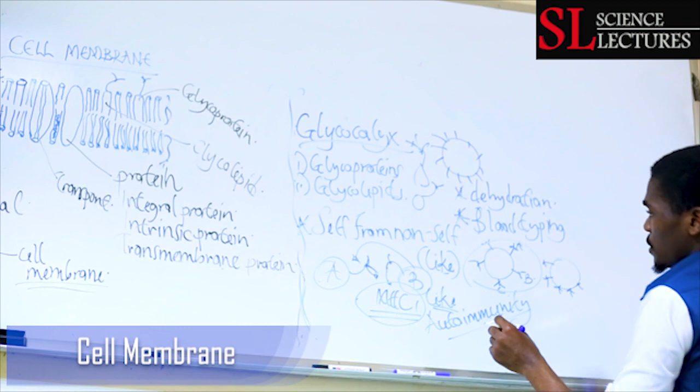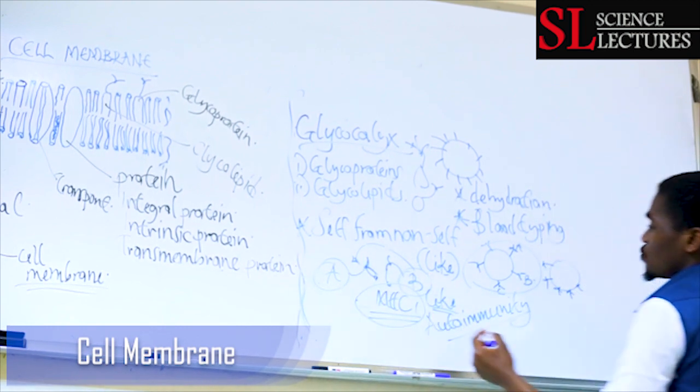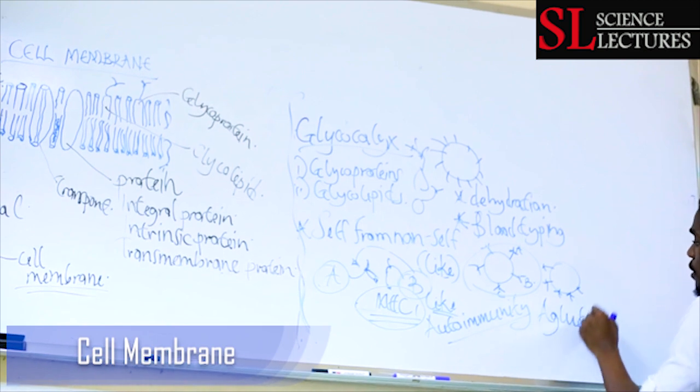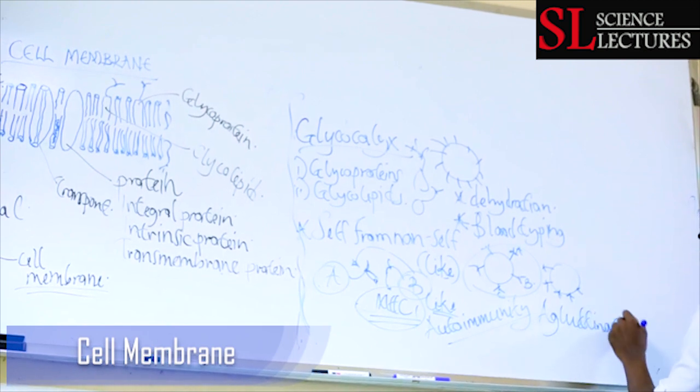If it is non-self and incompatible, that is when you will have things like agglutination happening within someone's blood.